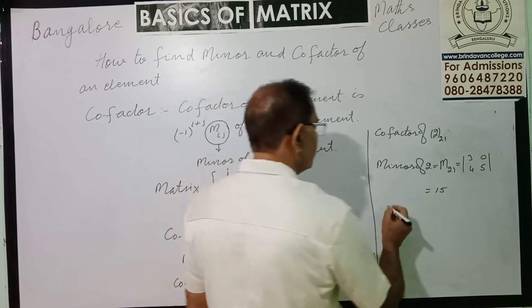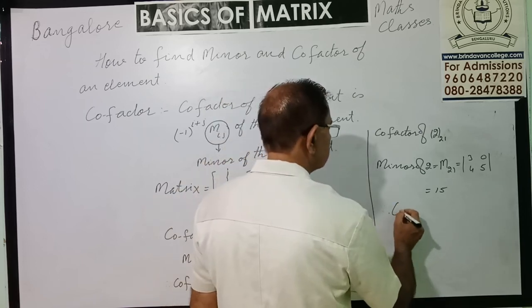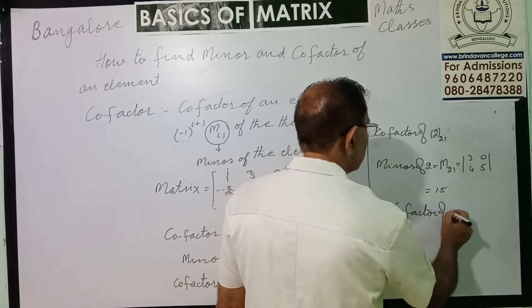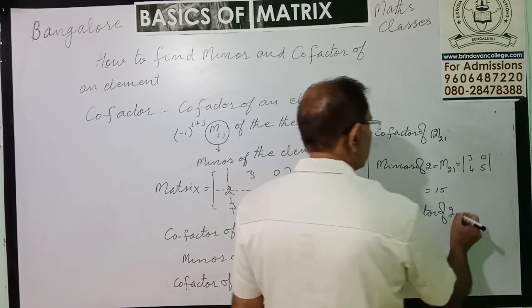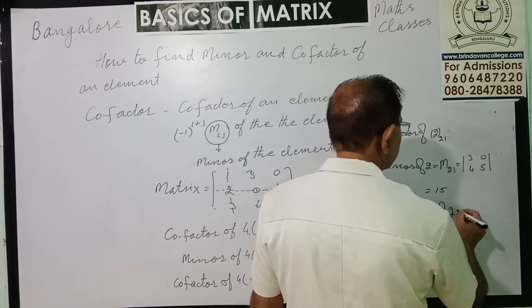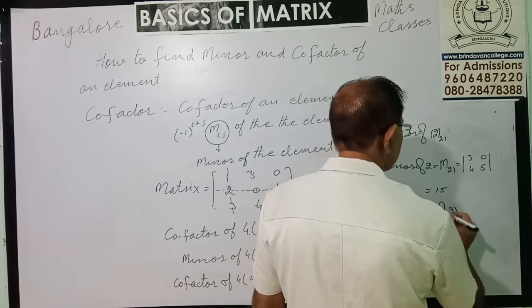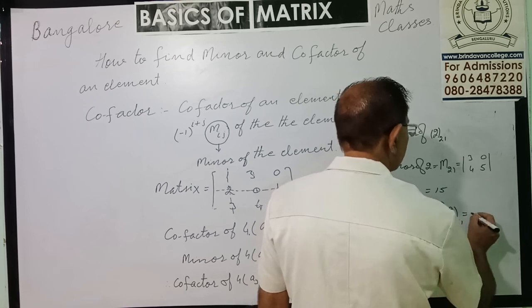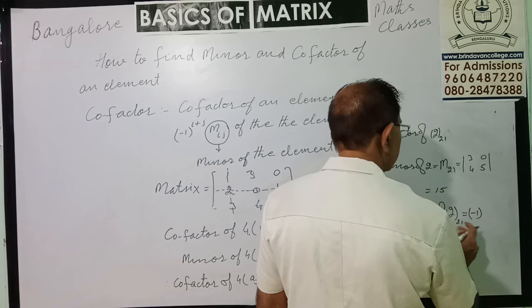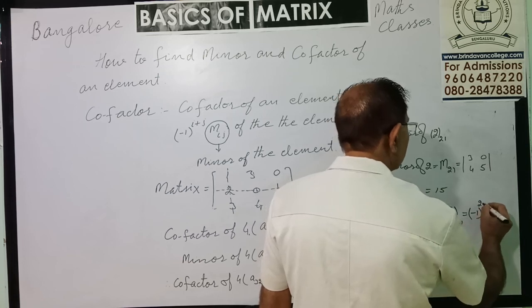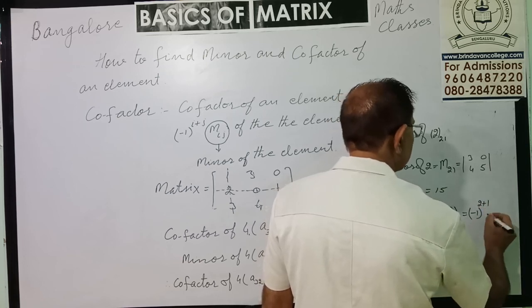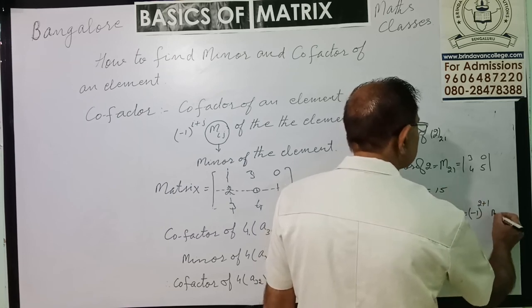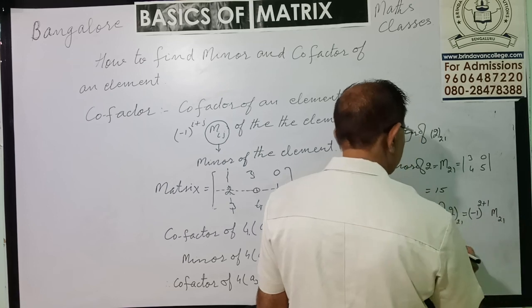So therefore the cofactor of 2, with the element 2 1, equals minus 1 power row plus column into its minor of 2 1.